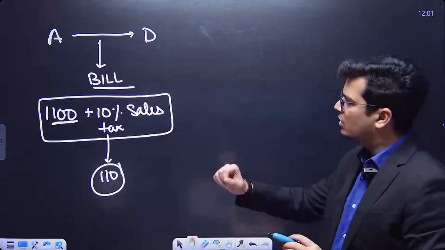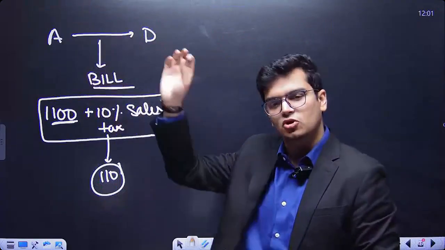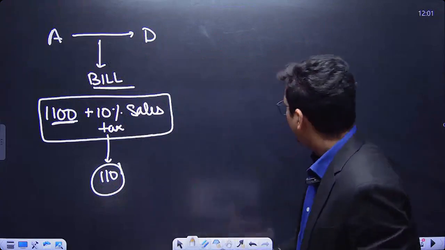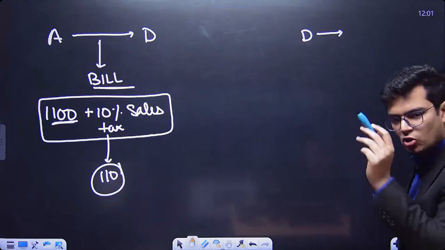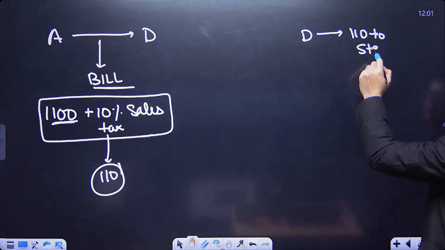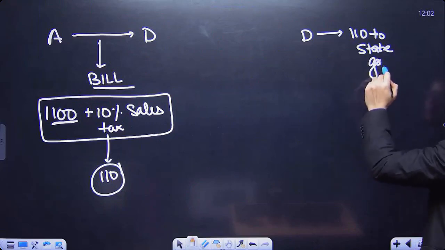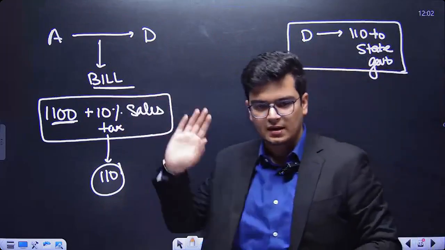This will be written on this bill. Once this bill is made, this information has gone to the central government and the state government. The state government now knows that the distributor has already paid a tax of 110 to us. The distributor has already paid 110 to the state government. This is what is written on this bill.